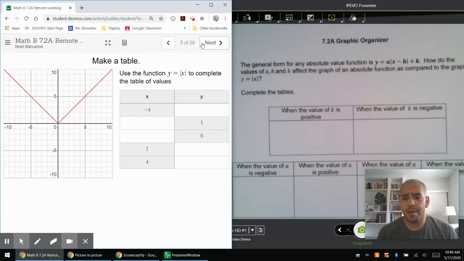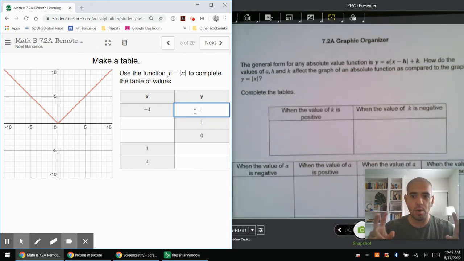So hopefully you have a solid idea what the absolute value function is, that symbol. And we're going to complete this table together. If you notice, when I plug the number -4 into my function, what's the absolute value of -4? Really the absolute value is asking how far -4 is from 0, the distance from 0.